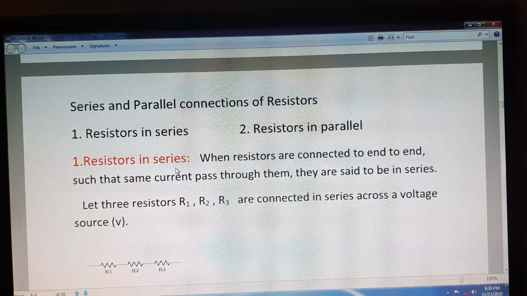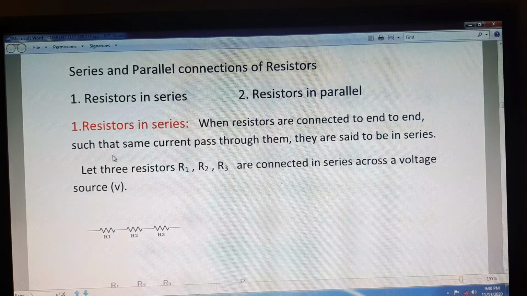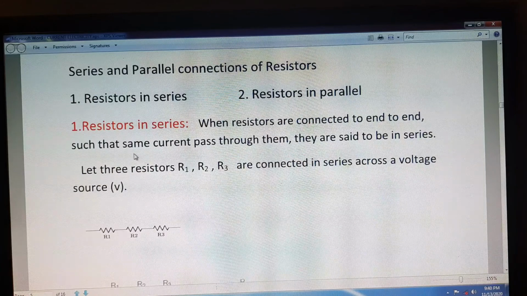When two or more resistors are connected end to end, R1 is connected to R2, and R2 is connected to R3. The first resistor is connected to the second, and the second to the third. In this circuit, the same electric current passes through all the resistors, so they are said to be in series combination.